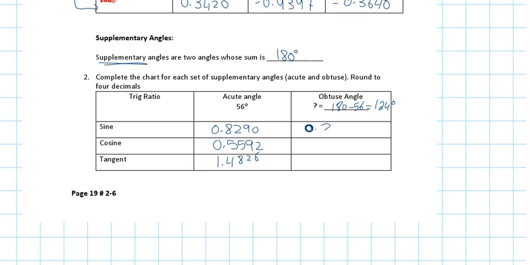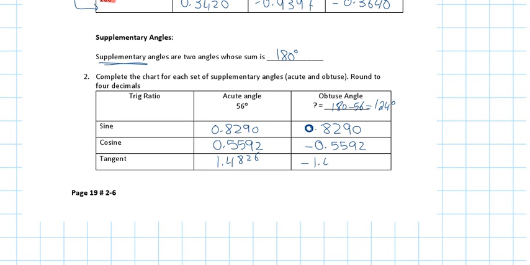Okay? How about cosine 124? It's going to be the same but with a negative sign. How about tan 124? Same as the tan 56, but it's going to be negative. Okay? Do you get the connection between the two?